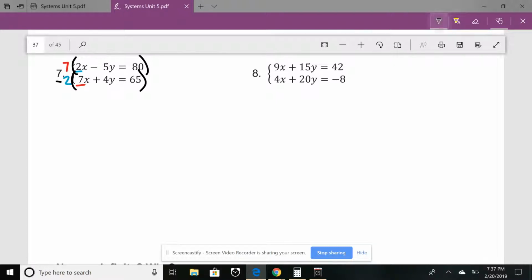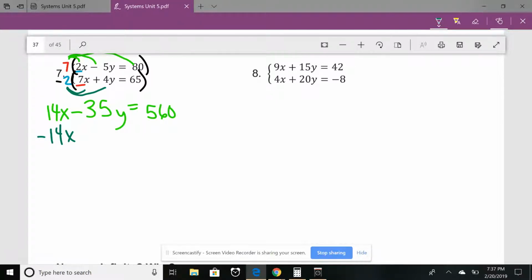So when I distribute on top, I get 14x minus 35y equals 560. And on the bottom, negative 14x, because those x's will cancel, that'll be a good thing.